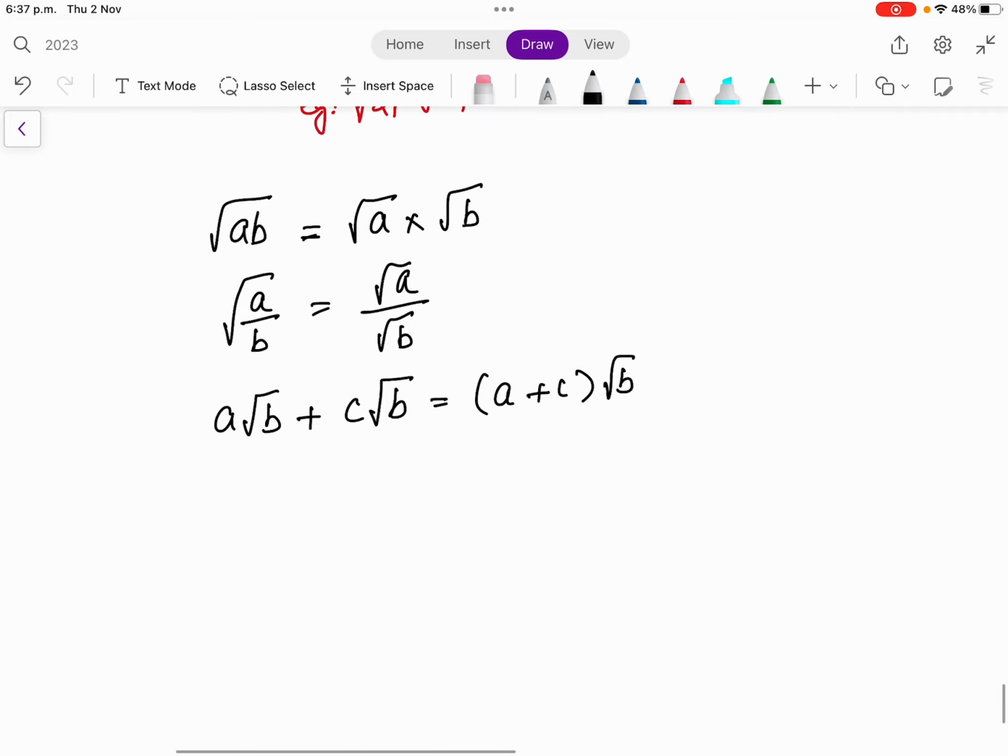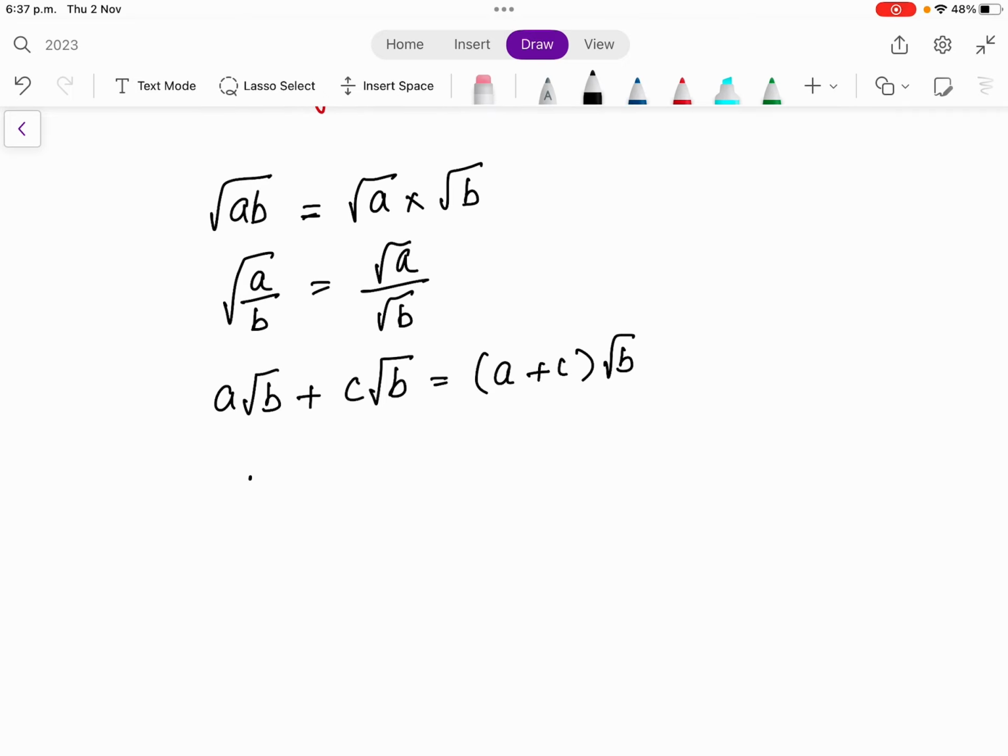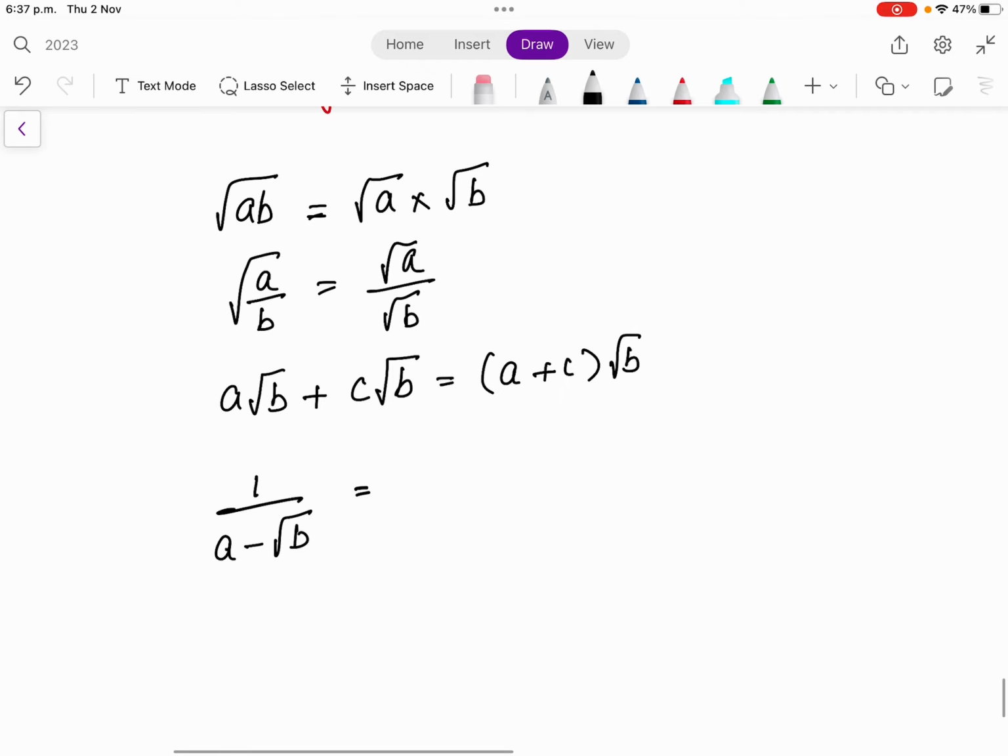And then there is something called rationalizing the denominator. This happens if I have something like 1 by a minus the square root of b. What I can do is multiply by the conjugate, or multiply by the opposite. So it will be a plus root b.